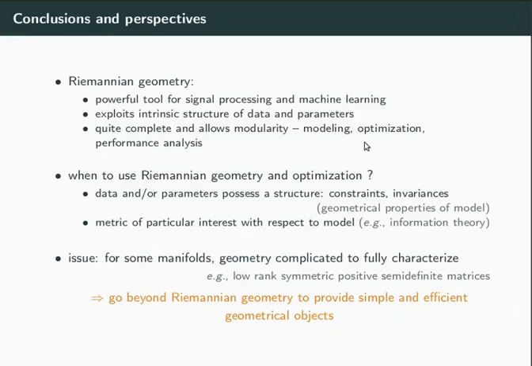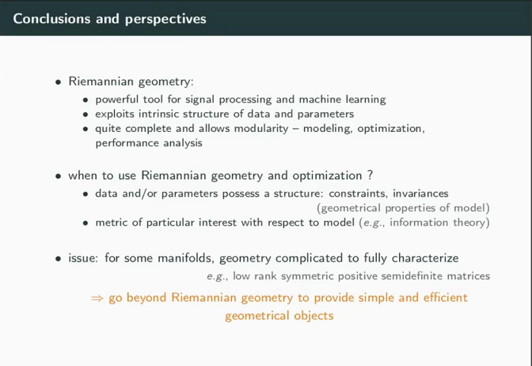So you can do some modeling and then do some optimization. And if you want to change some part of the optimization, you don't have to do anything for the modeling. And the same goes the other way around. If you want to change some modeling, then you can still use the same optimization tools. So it's quite modular.